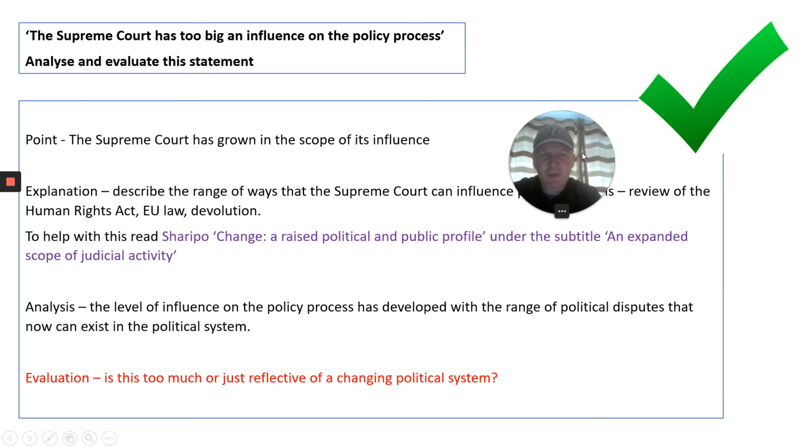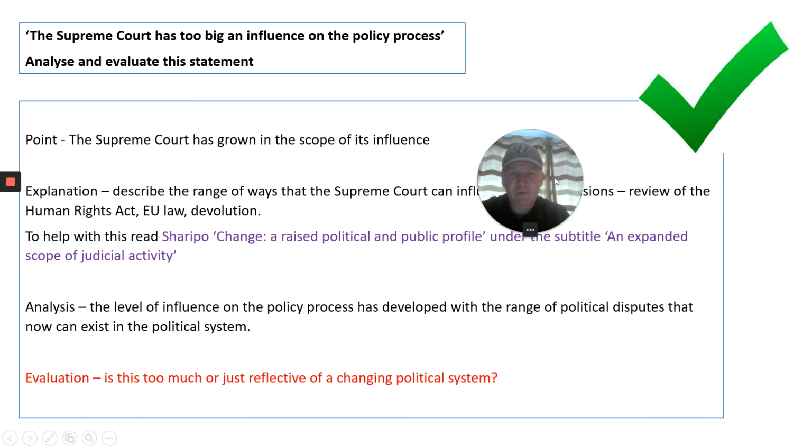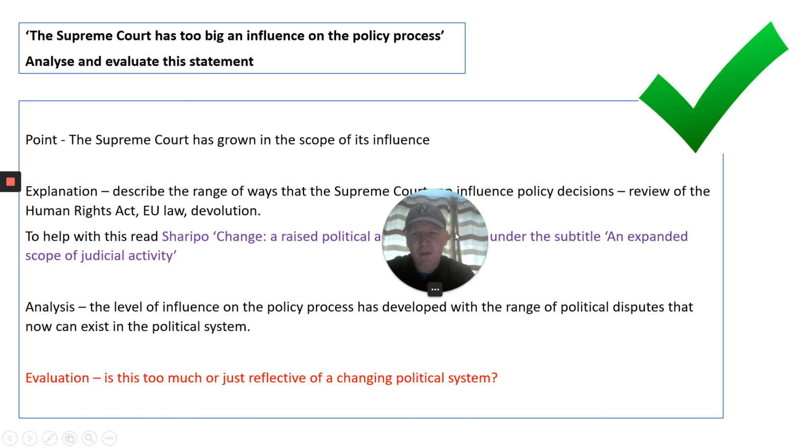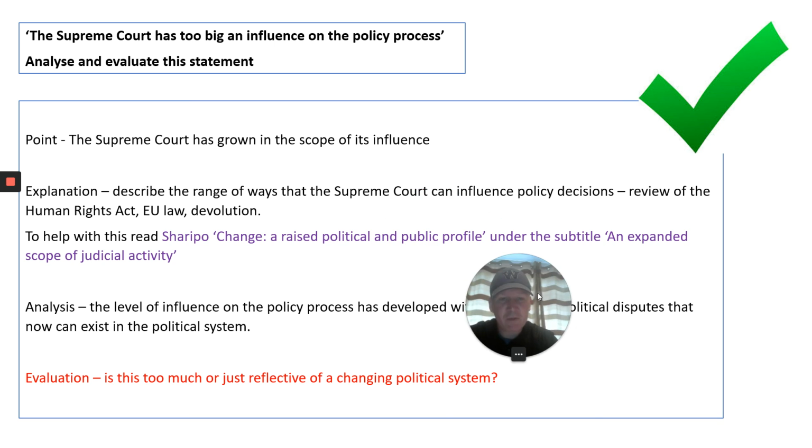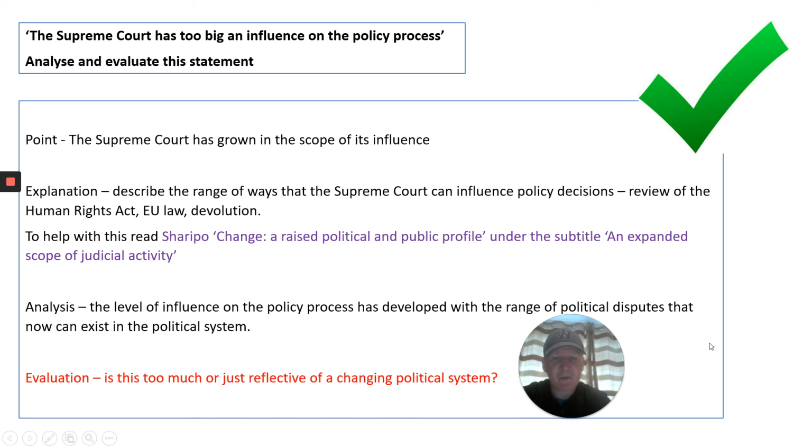So we're talking about 150 words as we go through this bit, maybe a bit longer. Looking at the analysis, so essentially the level of influence has developed over a range of times because of the range of disputes. However, your evaluation has to be around this area. Is this too much, therefore impinging upon parliamentary sovereignty?